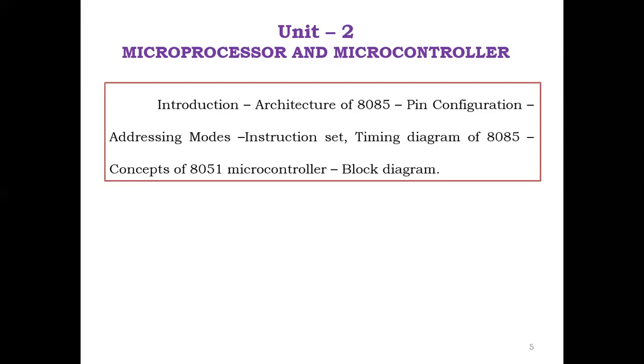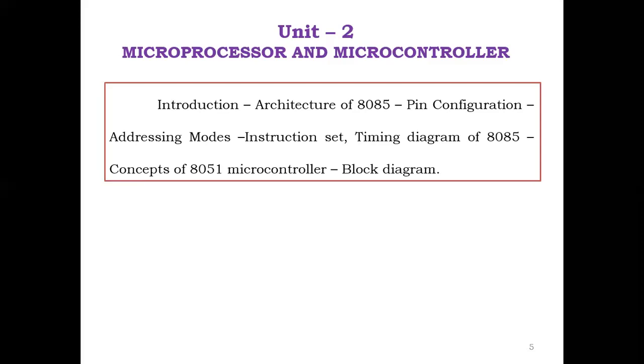We need to know which type of instruction to use for a particular program, because an addition program can be written with 4 instructions, and it can also be written with 100 instructions. So we need to use the minimum number of instructions in a particular program.